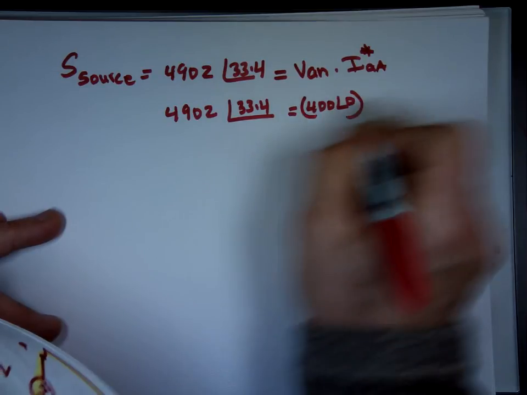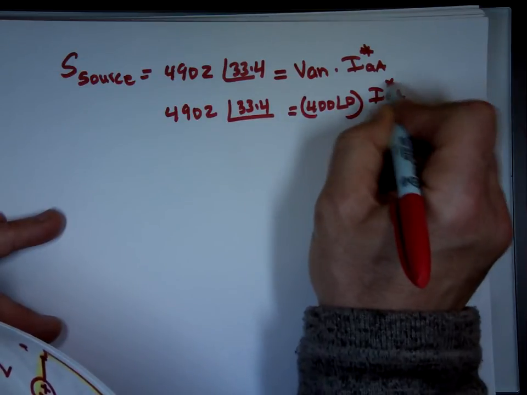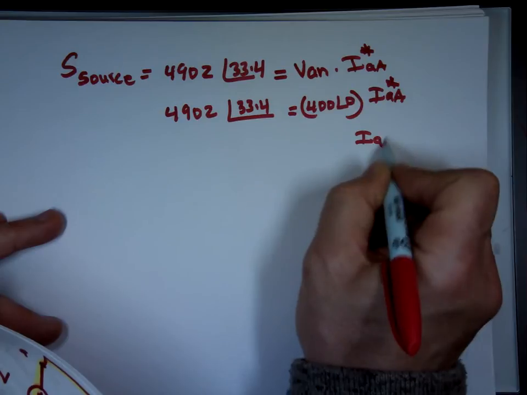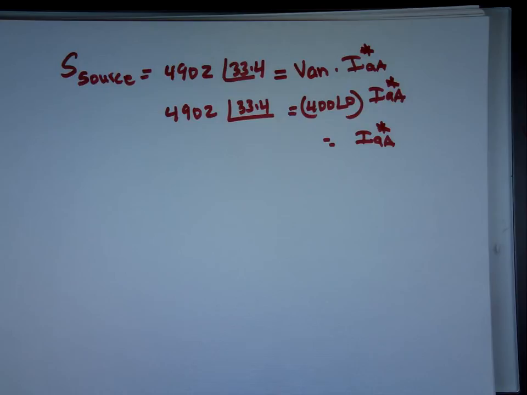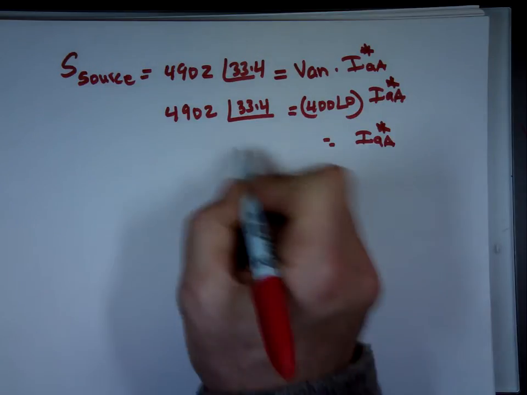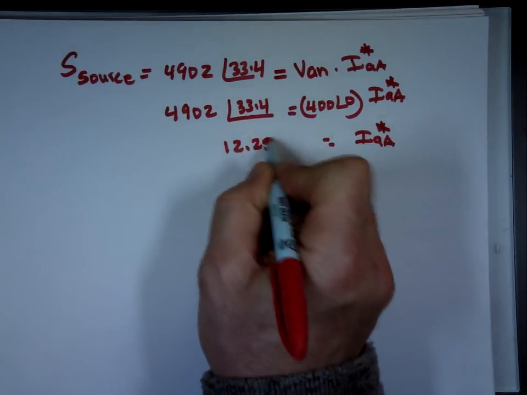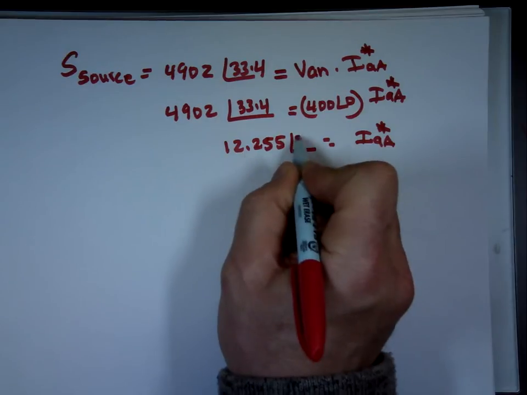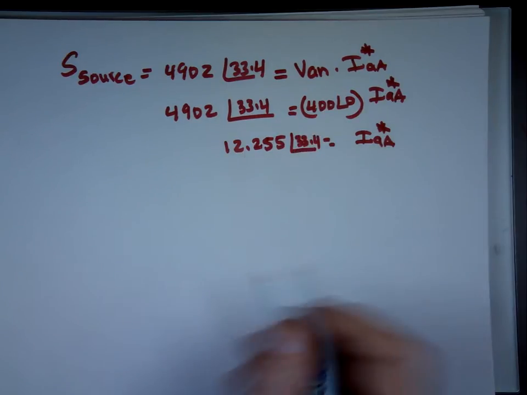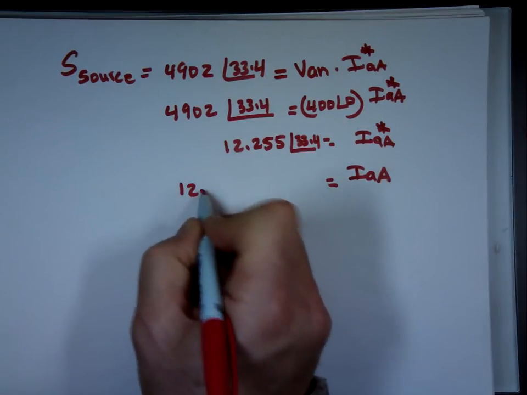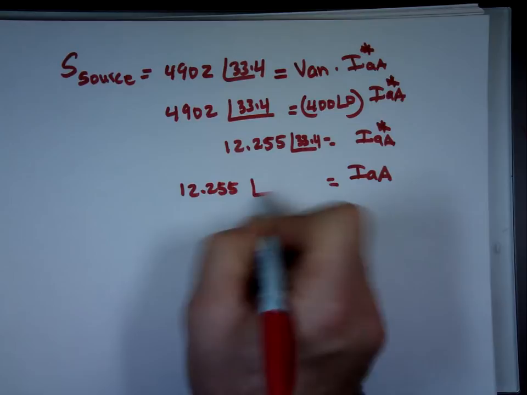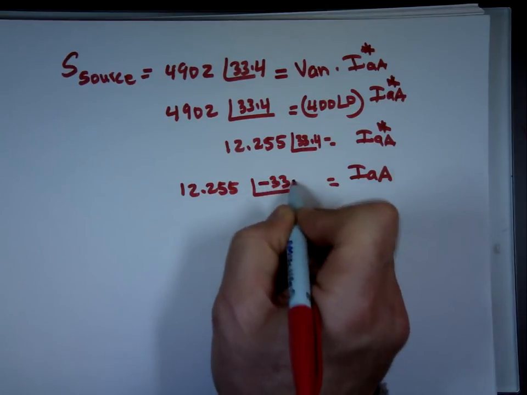Do we know what I sub AA conjugate is? 4902 divided by 400, which is 12.255 angle 33.4. So what is I sub AA without the conjugate? 12.255 angle negative 33.4. So that's the current from A to A.